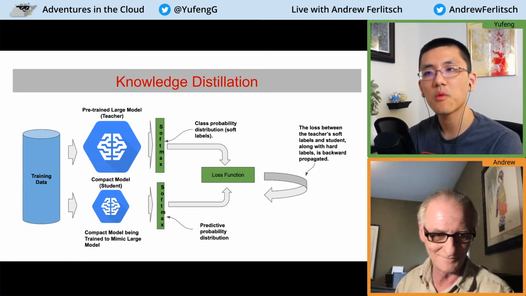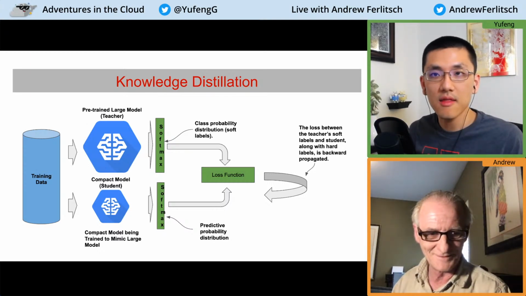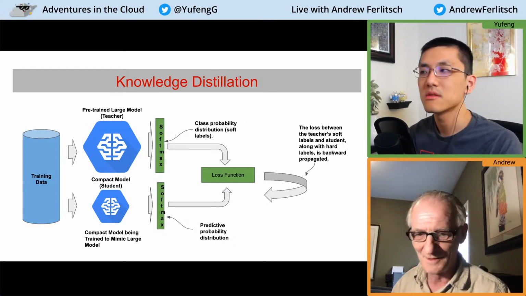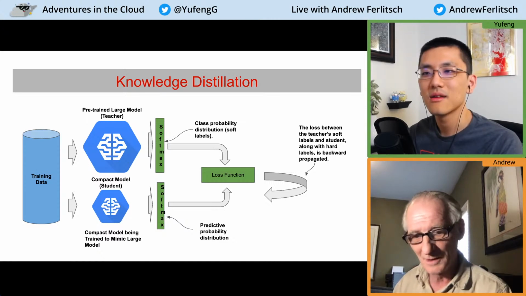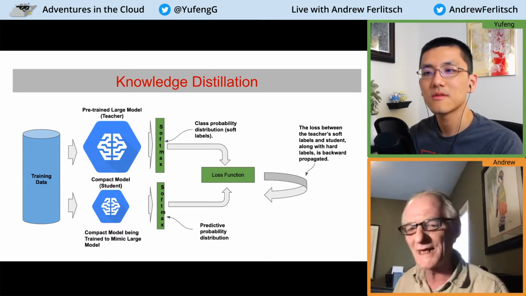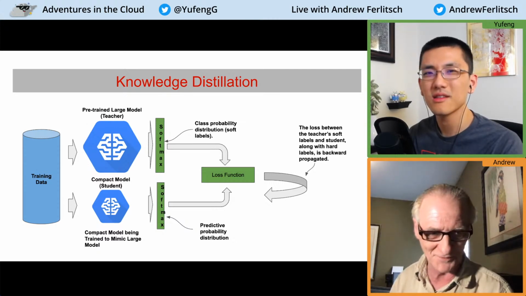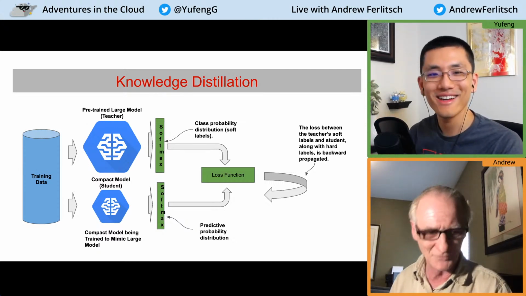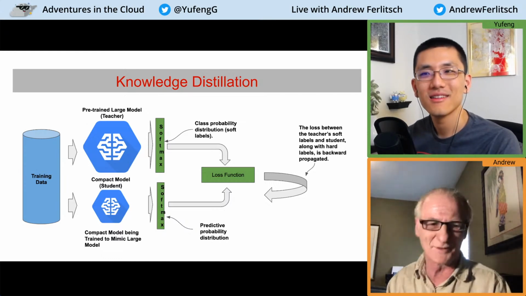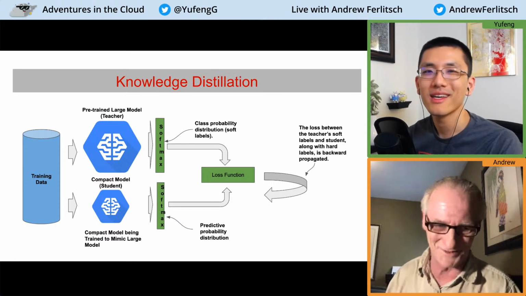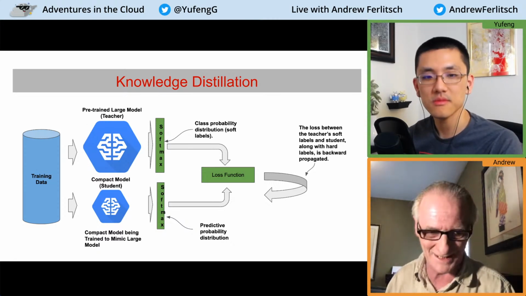Why do folks think that is? How do they think it works, why is it effective? Do you have any thoughts on that? Well, it probably helps it to better generalize. If you think about hard labels, they're ones and zeros, and you're trying to force that little model that doesn't have a lot of nodes to get to ones and zeros, and it just doesn't have enough capacity.